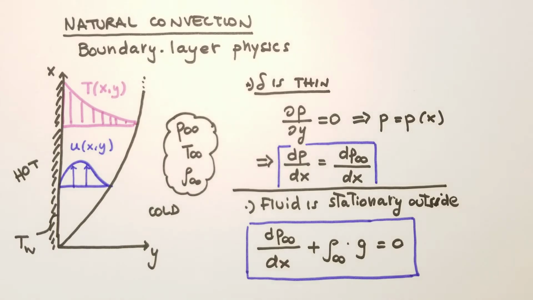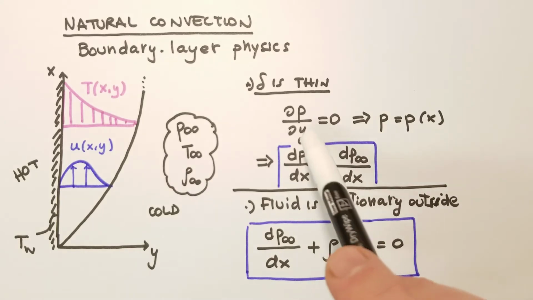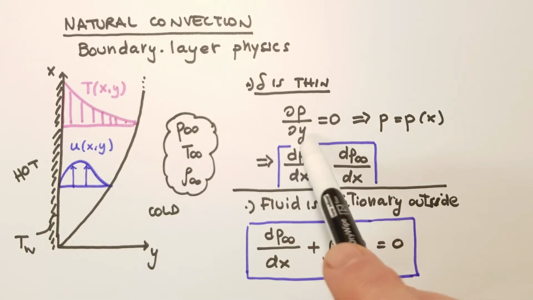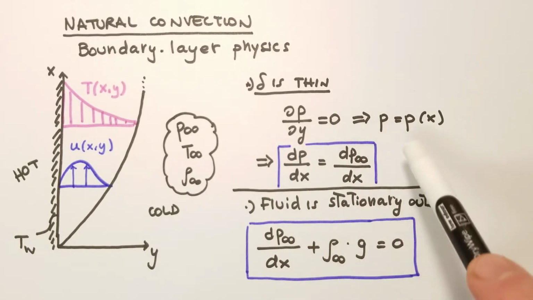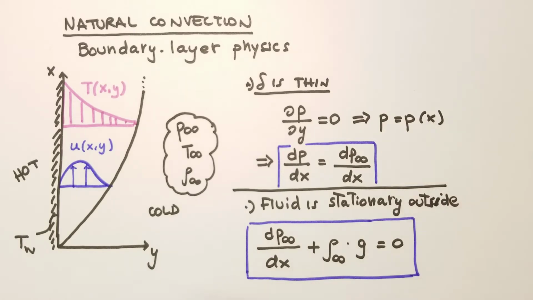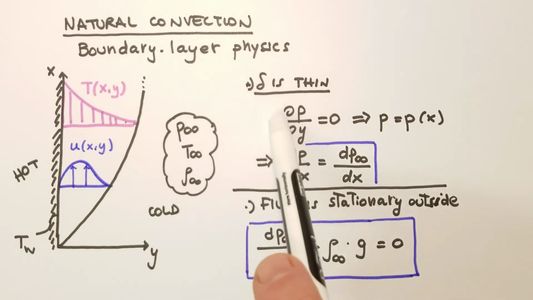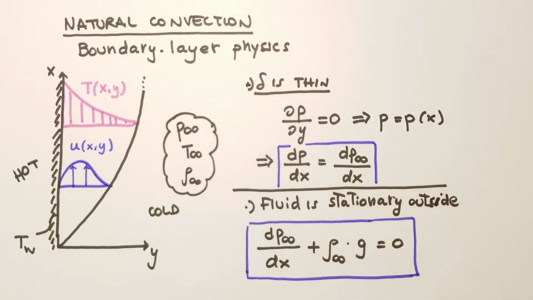We assume that delta, the thickness of the boundary layer, is thin. So this means that the partial derivative of pressure with respect to y is equal to 0. So the pressure only depends on x. Therefore, we can write dp/dx, so we don't have a partial derivative sign anymore. We just have a standard derivative.